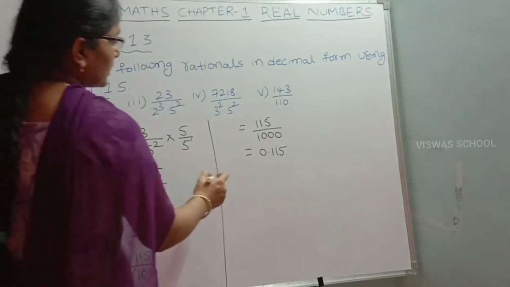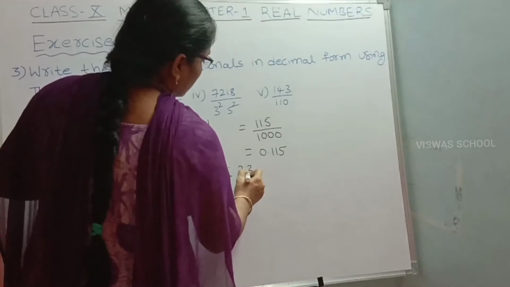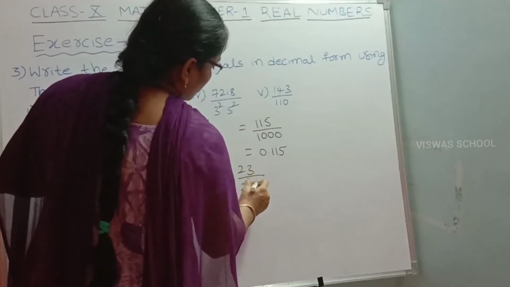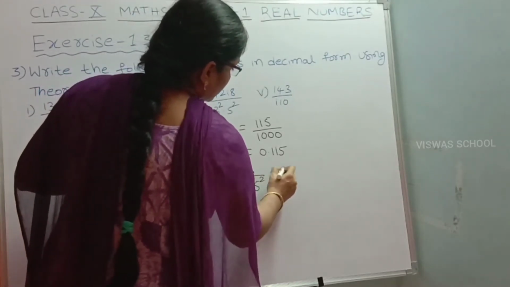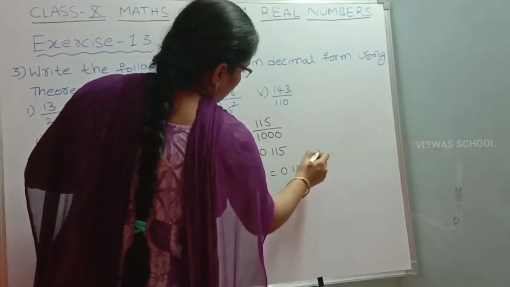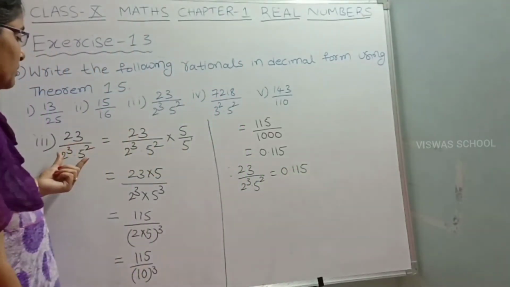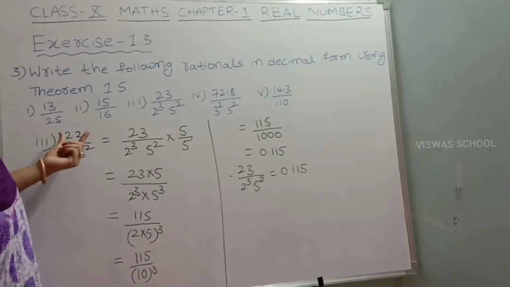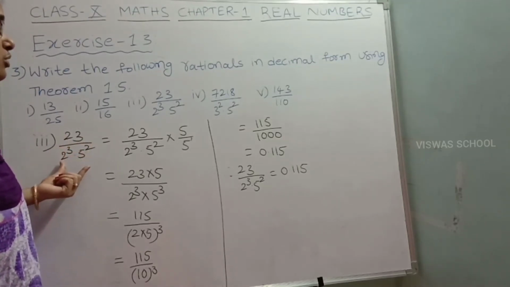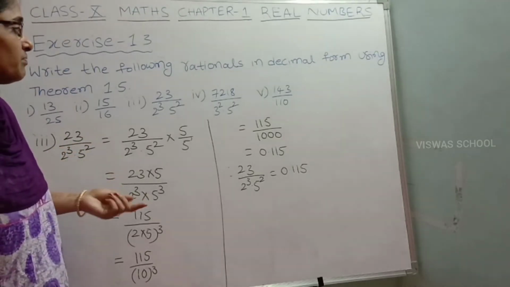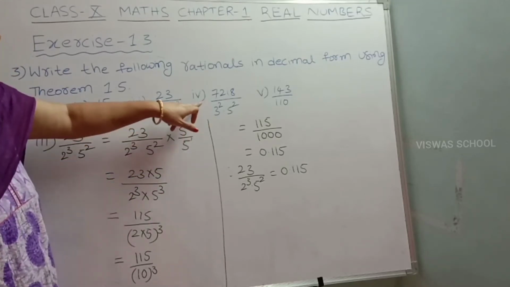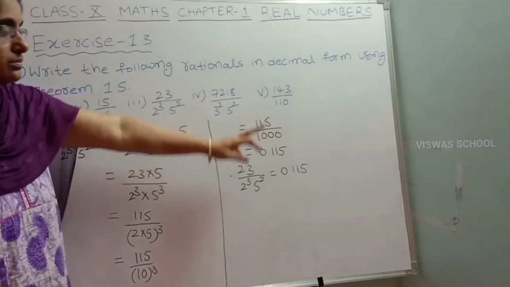That is, 23 by 2 cube into 5 square is equal to 0.115. This is the decimal form of the given number. Next, do the 4th and 5th homeworks.